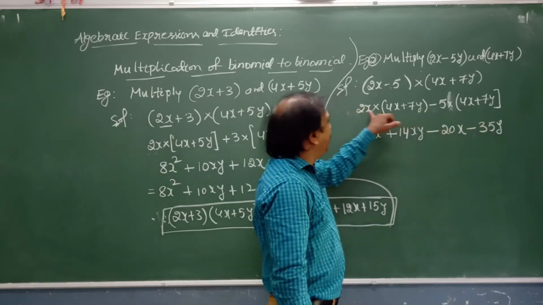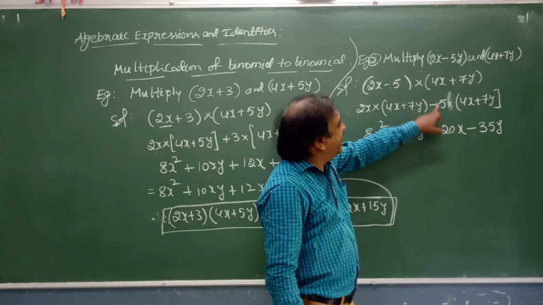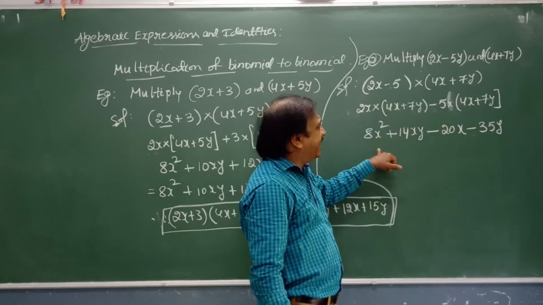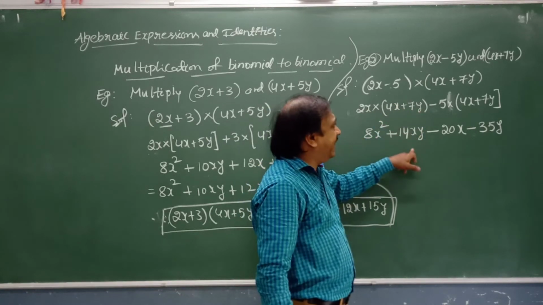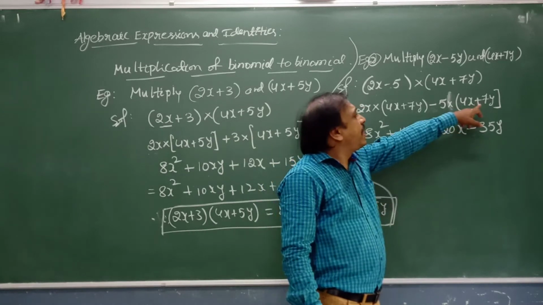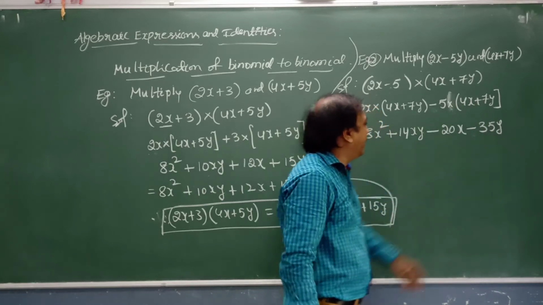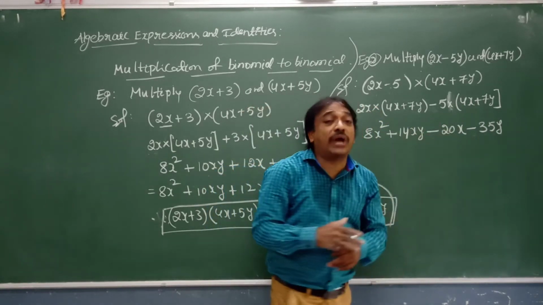Observe it. 2x with 4x plus 7y, with minus 5 into 4x plus 7y. 2 into 4 is 8x square, plus 2 7s are 14, x into y, xy. Minus 5 into 4x is minus 20x, plus minus 5 7s are 35y. So is there any like terms to add?